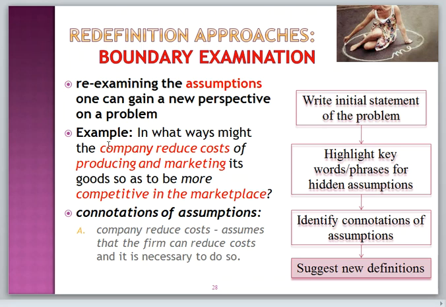The initial definition of the example of a problem here is: in what ways might the company reduce costs of producing and marketing its goods so as to be more competitive in the marketplace? According to the example we had from the text, these three phrases have been highlighted.